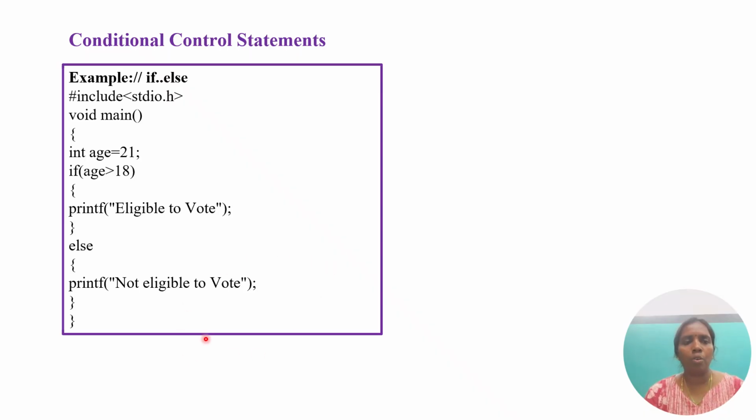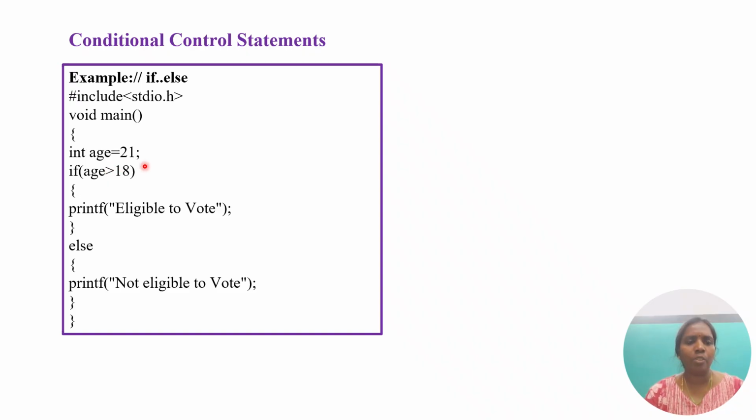This is a small code snippet showing the working of an if-else statement. This program shows the eligibility criteria: a person who has an age greater than 18 is eligible to vote, else not eligible to vote. Here, the value of age is given as 21.